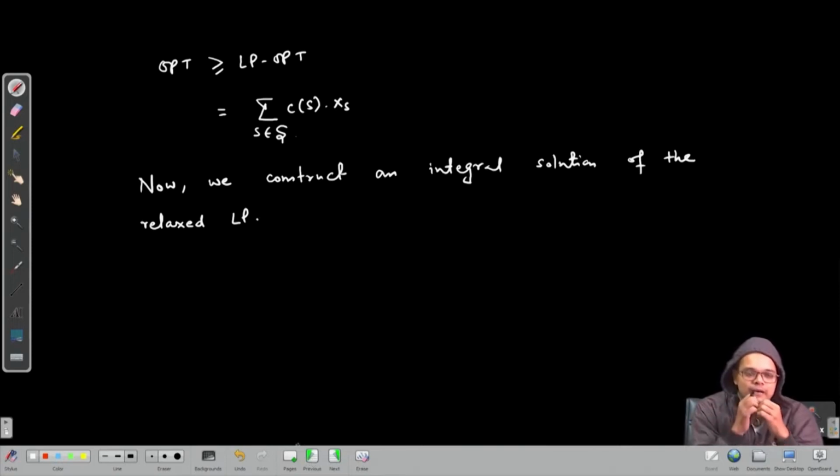So you start with a fractional solution of the relaxed LP, and how you can use that to construct an integral solution for the linear program. For that there are various methods. One is that often you need to understand the structure of the problem. Is there any special property that this fractional solution satisfies? This is what we will see now.